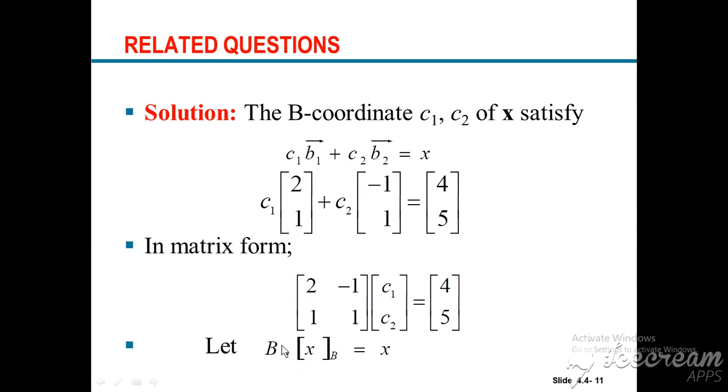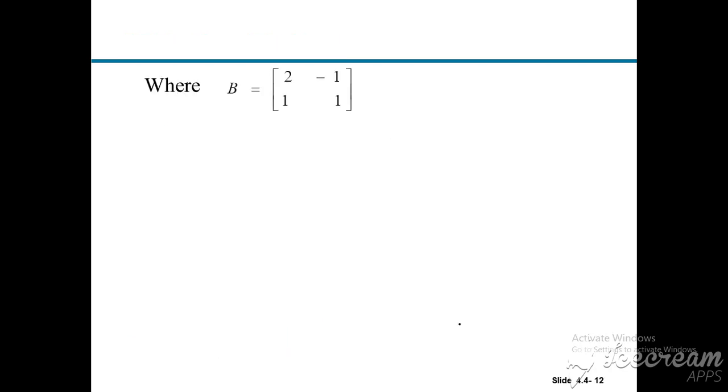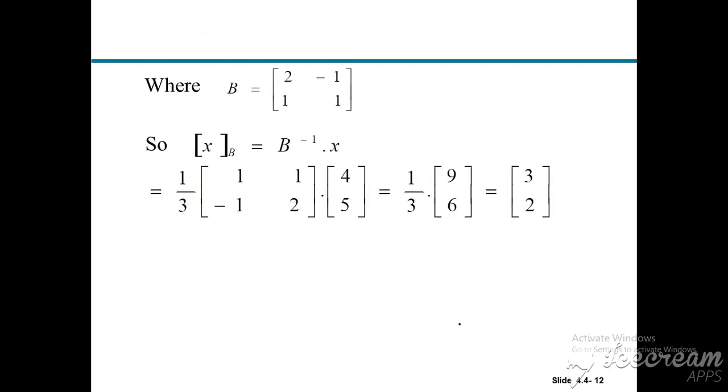Now what will this be? You can transform this here. This will be the inverse. Look, b is equal to this, then our coordinate vector relative to basis b is equal to b inverse into x. What is the inverse? You can easily find it as 1 by determinant of b into adjoint of b. Now you can simplify this. You will get the first element 3, second element 2.